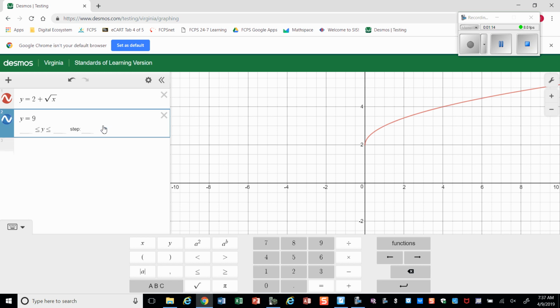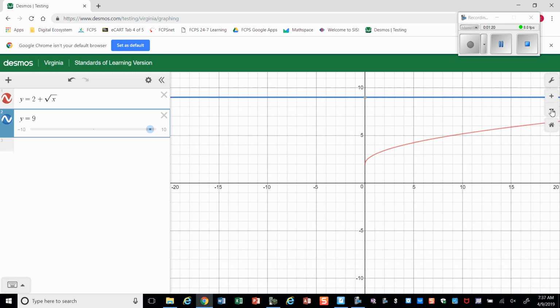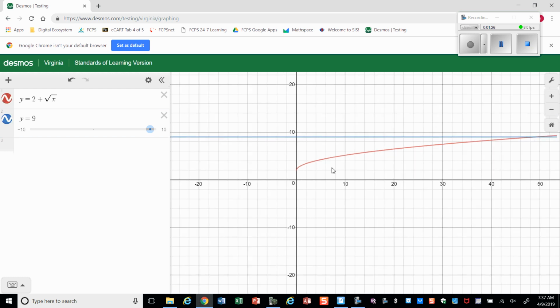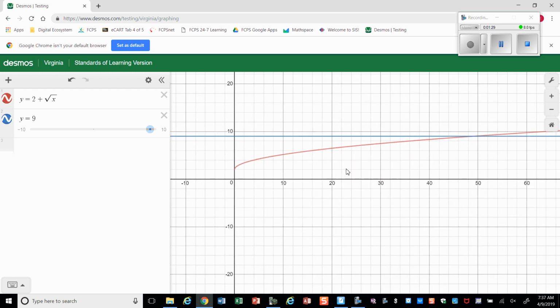All right, and I can't see it, so I'm going to go ahead and zoom out. And now I can see the two lines there. Okay, and I can scooch over so I can see the intersection, because the intersection is the solution. All right, that would be the point that makes both of those equations true.